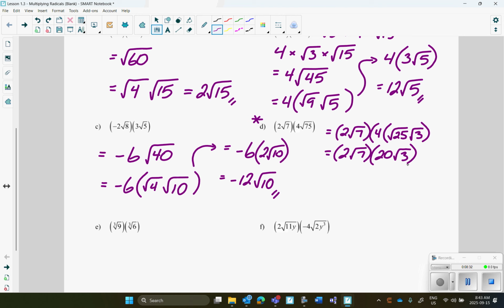That's a lot easier. Just multiply the non-radicals, multiply the radicals, and then put those together by multiplication. So 2 times 20 is 40. Root 7 times root 3 is root 21, and they're beside each other to show multiplication. Okay?